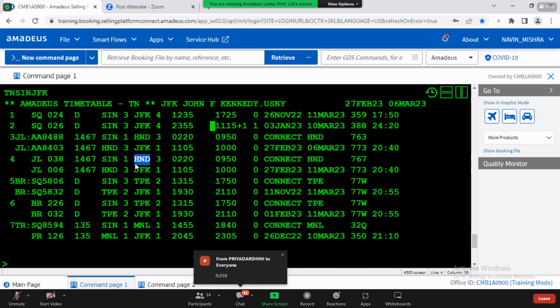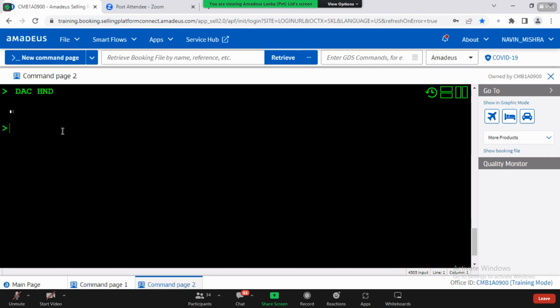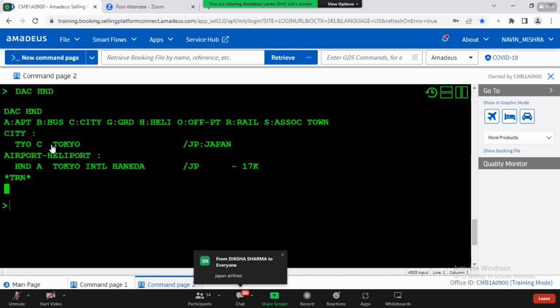Now, can anyone tell me the name of the airline? That is the second code, or airport code. HND. The name of the airport is Tokyo Airport.